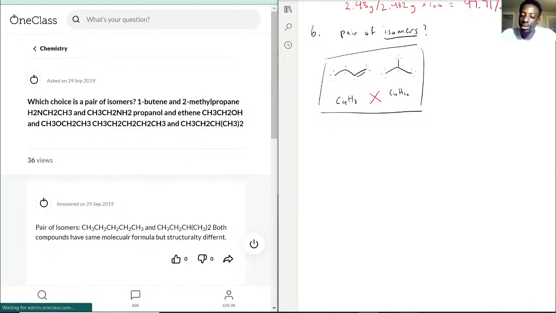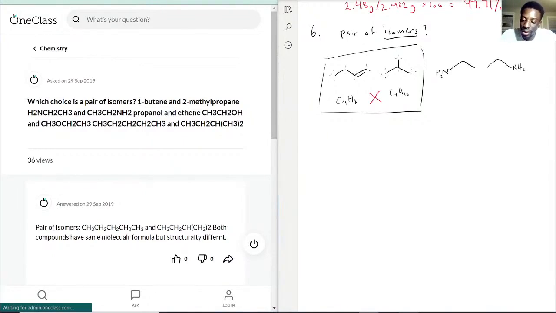Okay, so now H2NCH2CH3. It looks like this, with an NH2 at the end, and it's compared to this one. You might already notice that these might in fact be exactly the same.